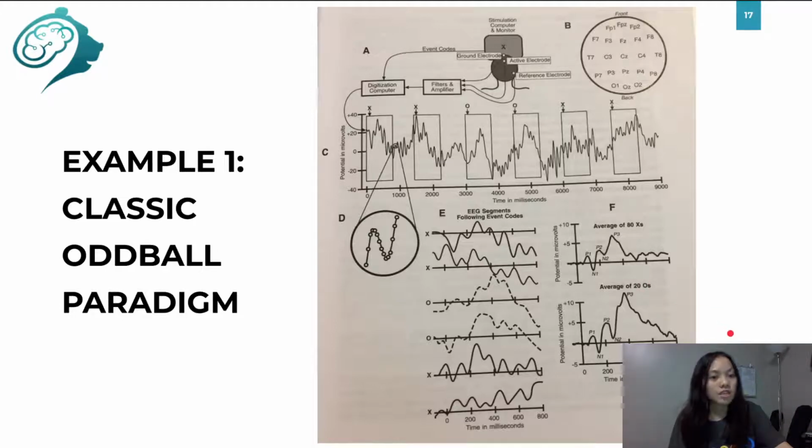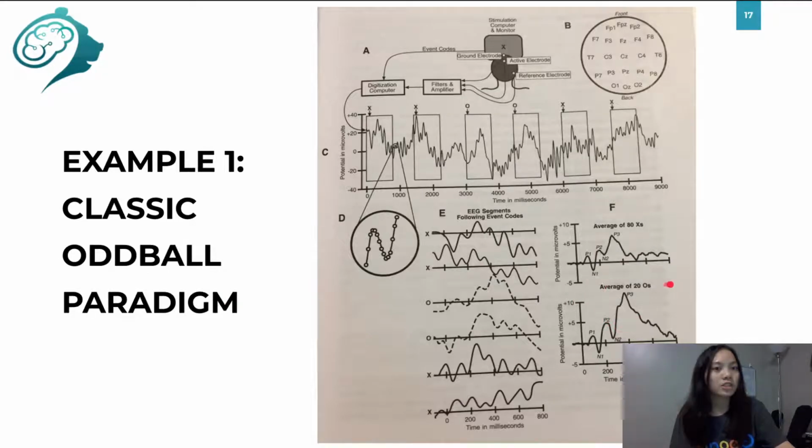The basic idea is that the recorded EEG contains the brain's response to the stimulus plus other activity that is unrelated to the stimulus. And we can extract this consistent response by averaging across many trials.